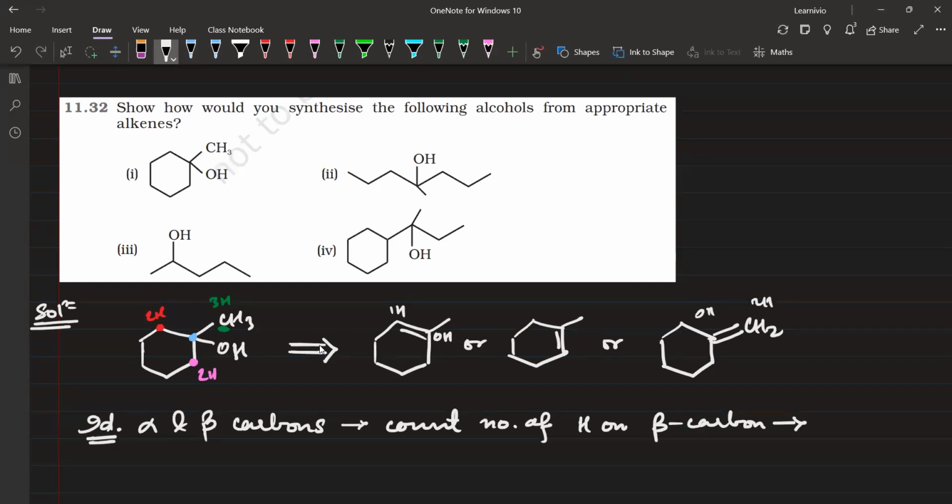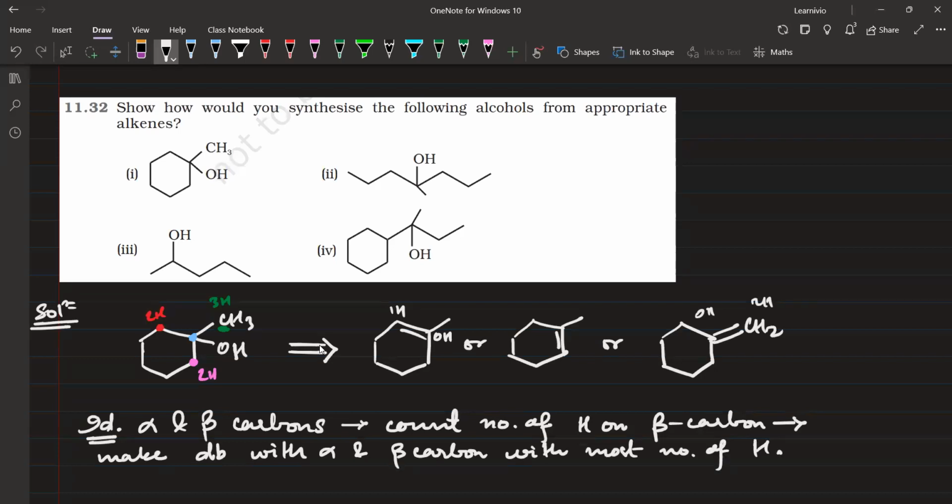Next, make a double bond with alpha and beta carbon with least number of hydrogen, with most number of hydrogen.